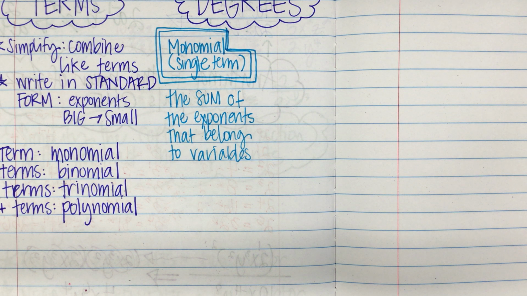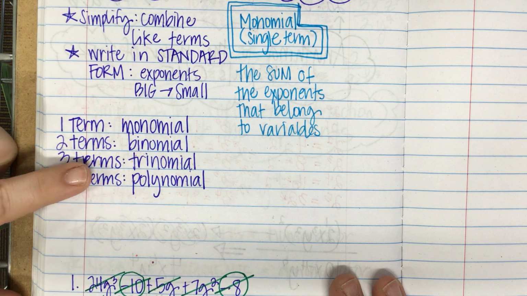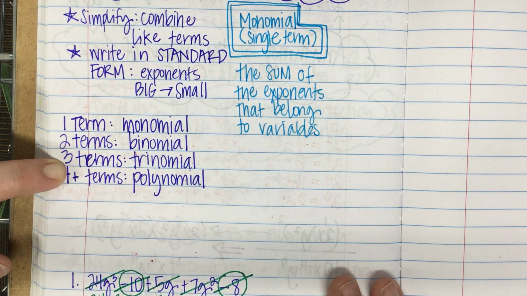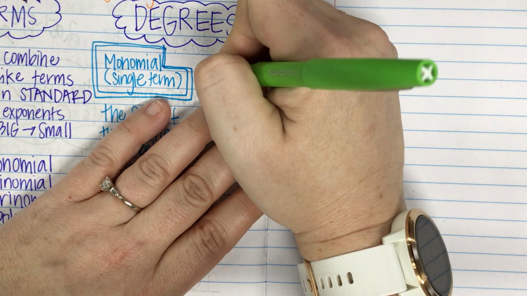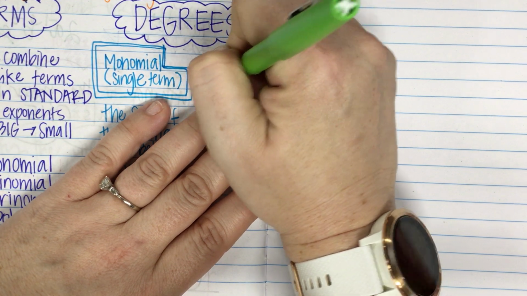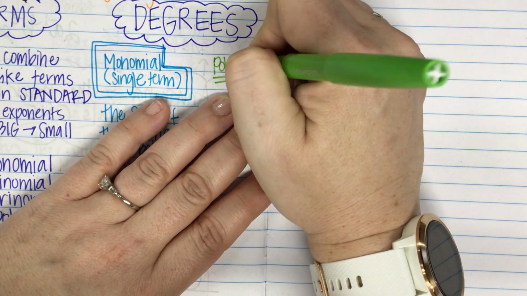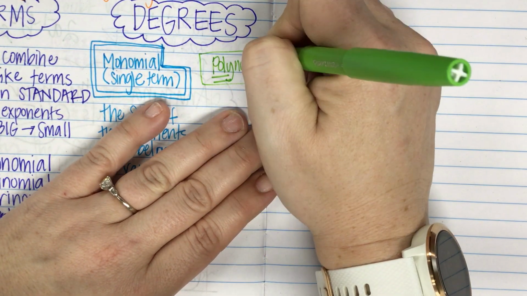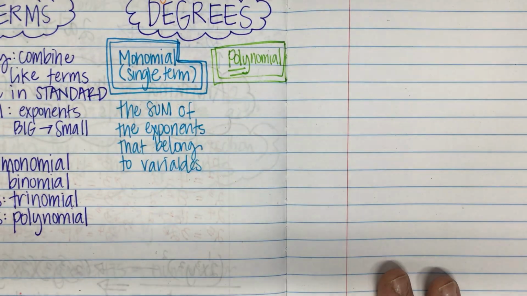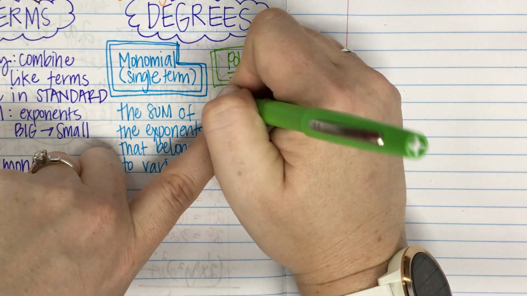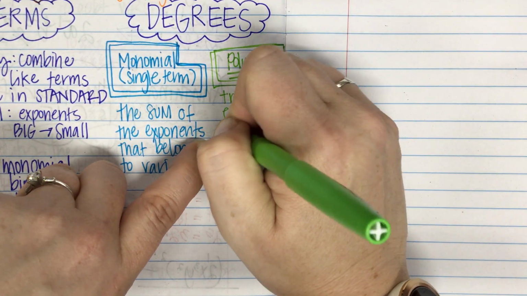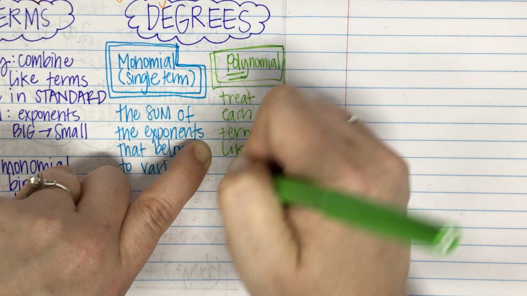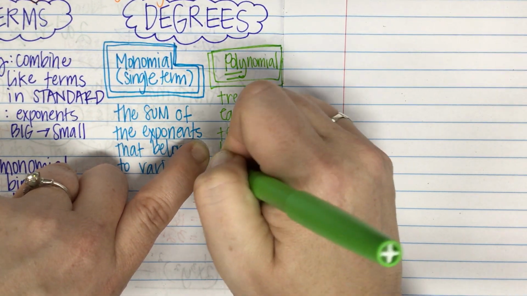If it's a polynomial, four or more, but we also could include 2 terms as a polynomial word, 3 terms as a polynomial word, they just have their own specific names. But if it's poly, more than one, you treat each term like a monomial.